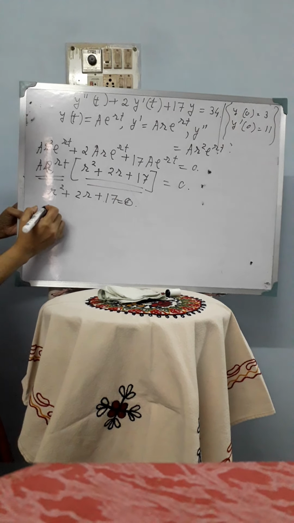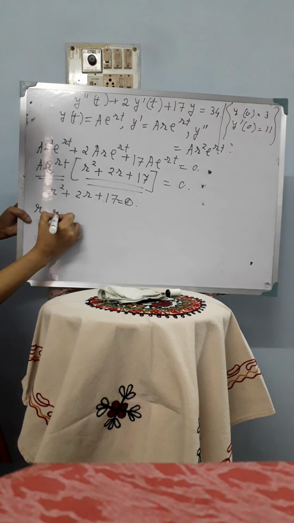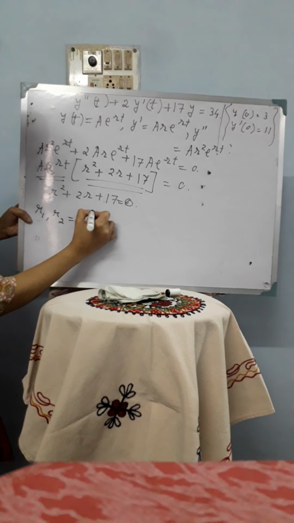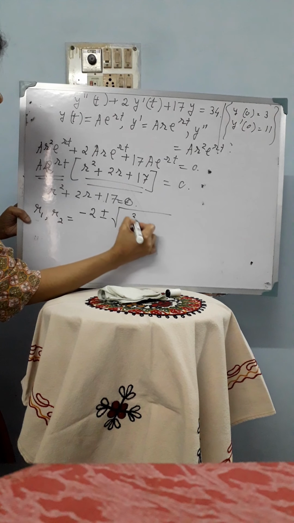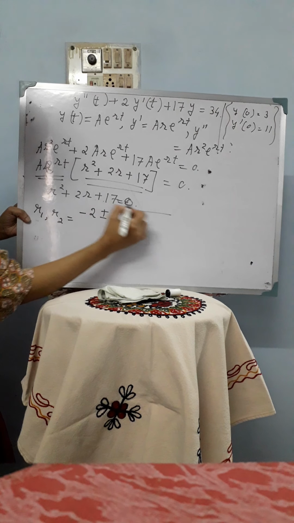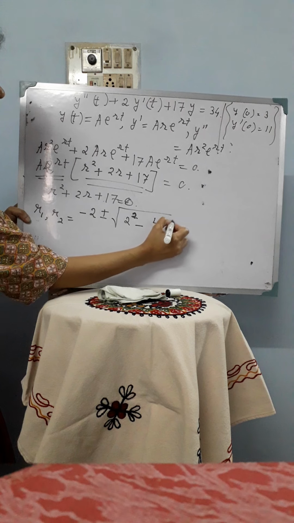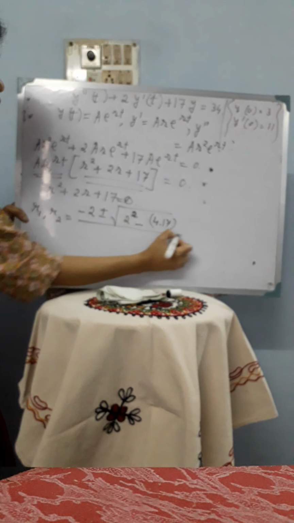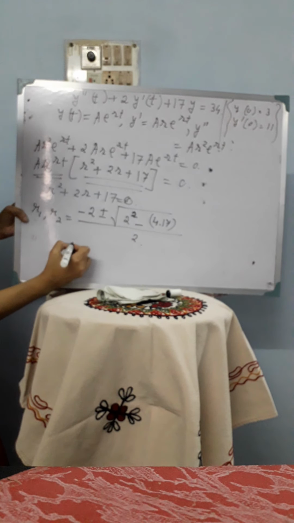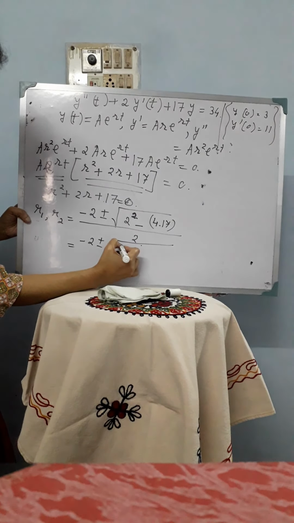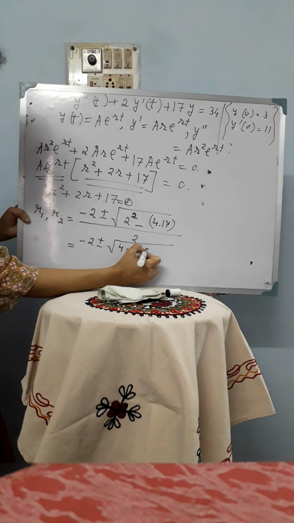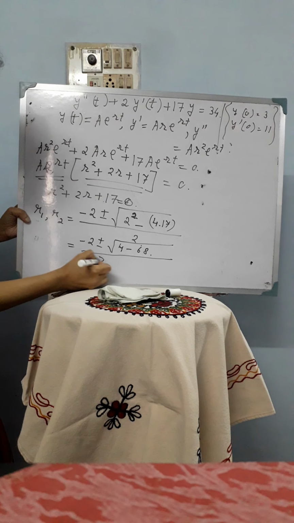Now by applying the Sridharacharya formula, we are getting r1, r2 is equal to minus 2 plus minus root of 2 square minus 4ac, so 4 into 17, divided by 2. So from here we are getting minus 2 plus minus root of 4 minus 68, divided by 2.